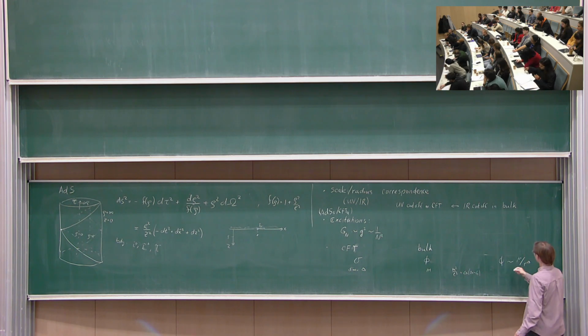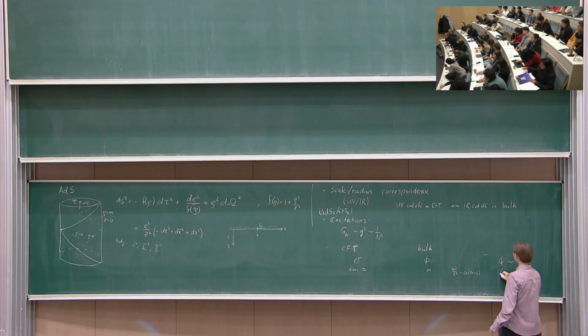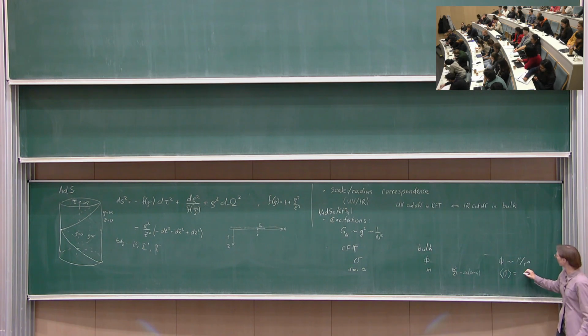And if you then measure the corresponding operator, the expectation value is read off from this coefficient of this fall off.